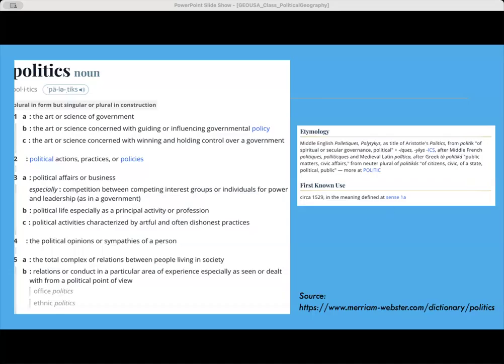So when you say, for example, Republican or Democratic politics, it's because those two parties have different visions of how government should be run, and what kind of influence government should have over society.